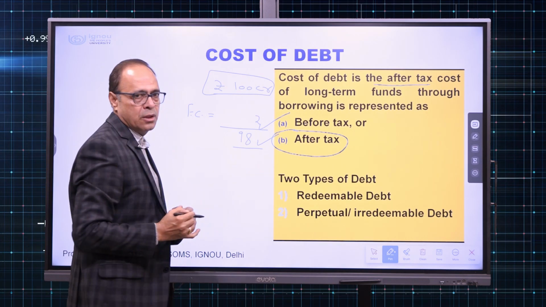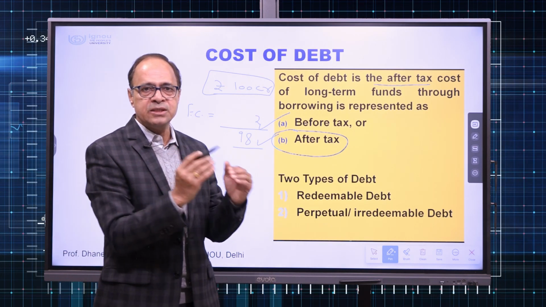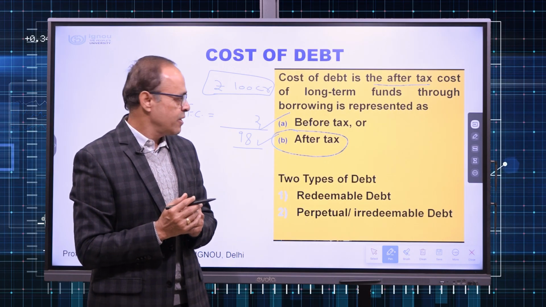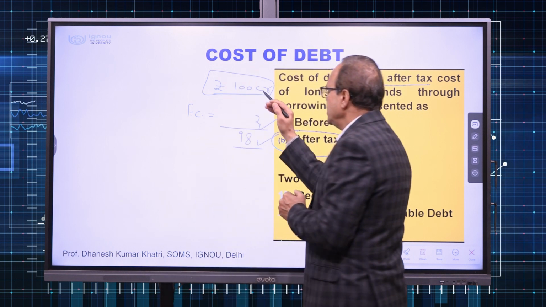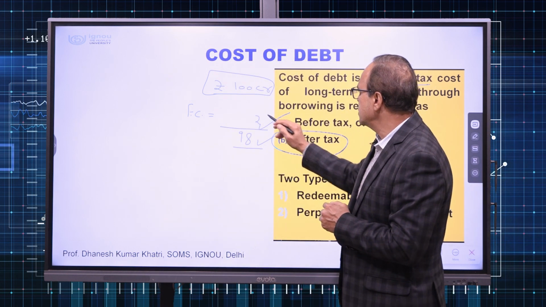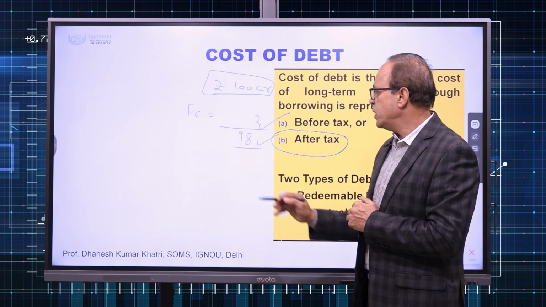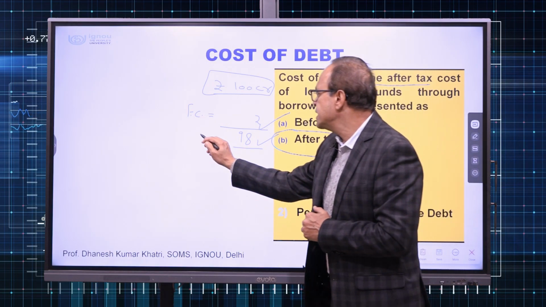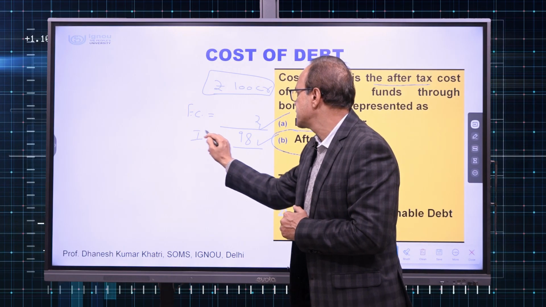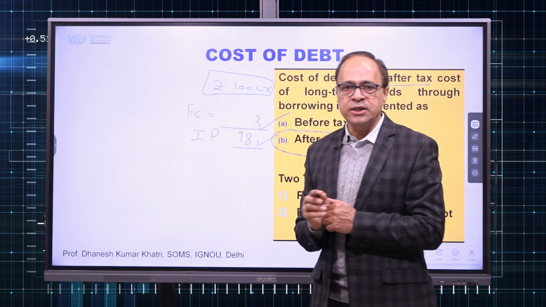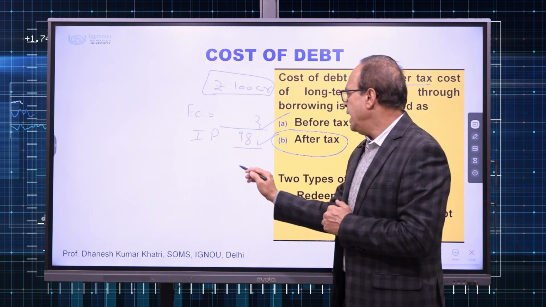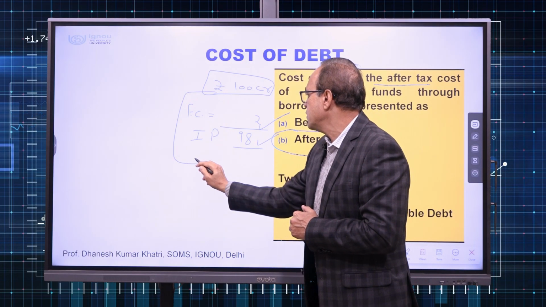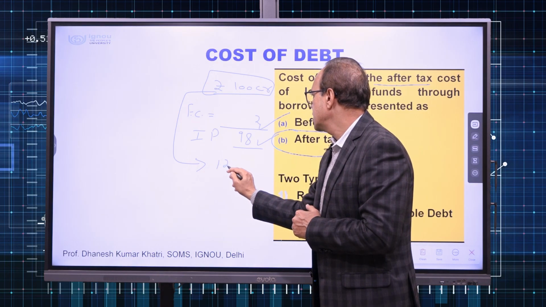98 crore. Because 100 crore rupees of debentures have been issued to the public, and the public has paid 100 crore rupees to the company. And while issuing the debentures, the company incurred 2 crore rupees flotation cost. So, net issue proceeds is 98 crores. So, we can call it IP, that is issue proceeds or net issue proceeds. Now, every year the company has an obligation to pay interest on the face value, let us say 12%.